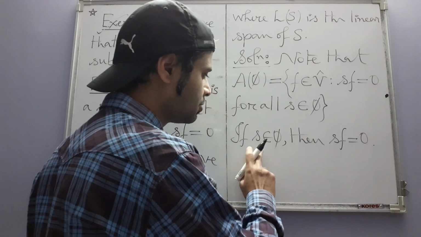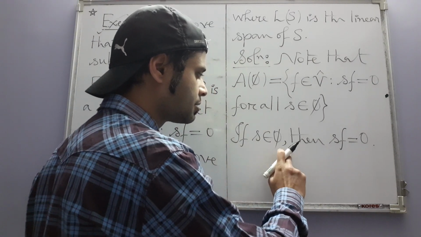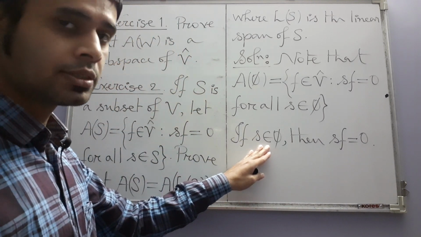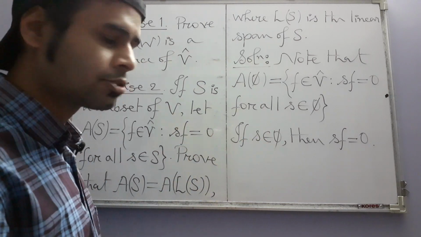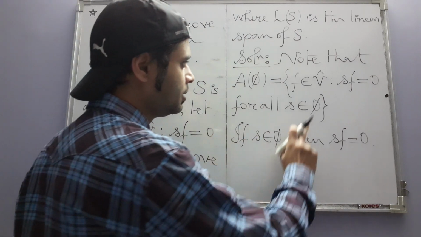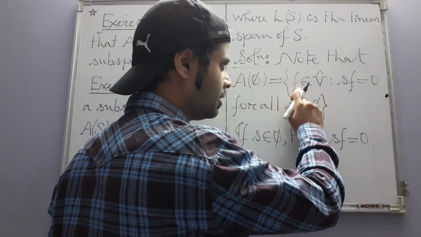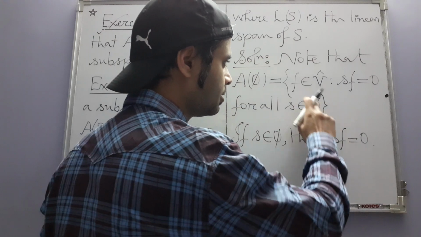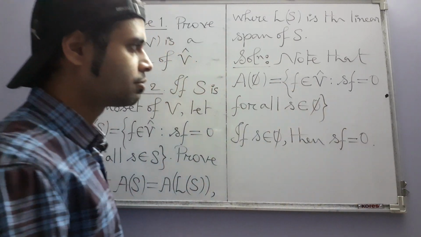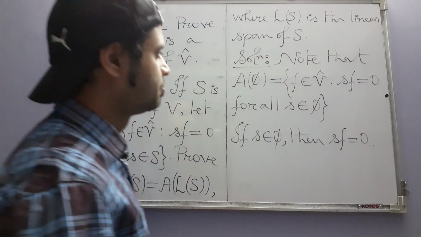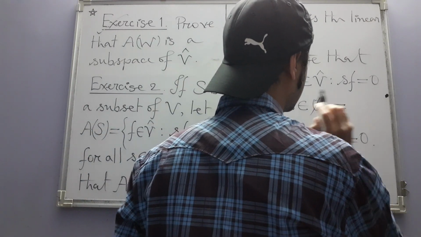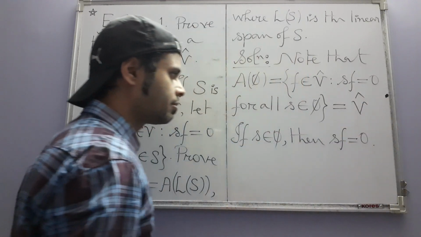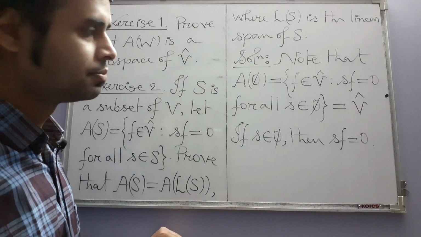In the implication form you would just write s belongs to the empty set implies f(s) is equal to 0. In this implication the hypothesis is false, so it's vacuously true. It's true nonetheless. That means irrespective of our choice of f, actually this is always true. That means, in other words, this is true for all linear functionals f, and as such this set has all the linear functionals, that is, it is the entire dual space V hat.